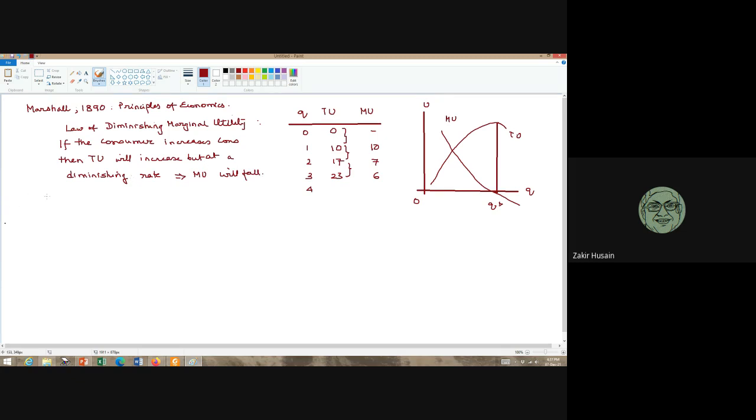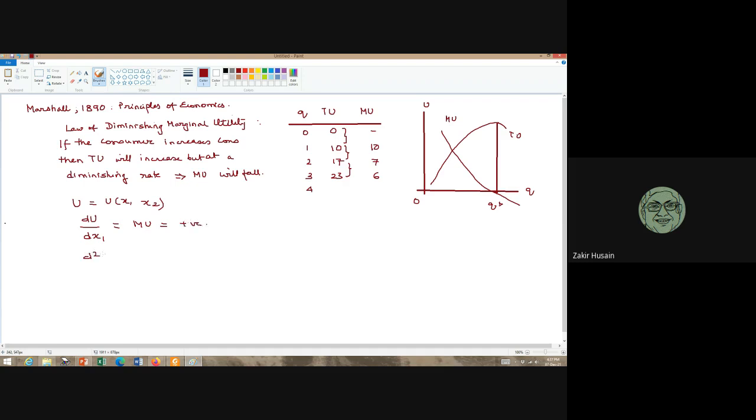So how do we write this mathematically? If we take U, this is the marginal utility and this is supposed to be positive.